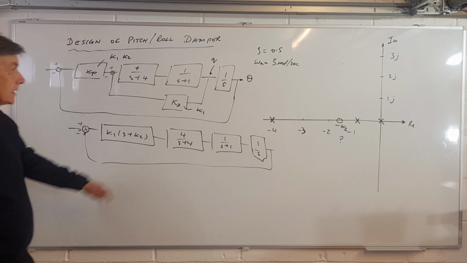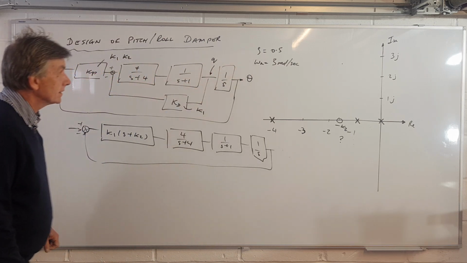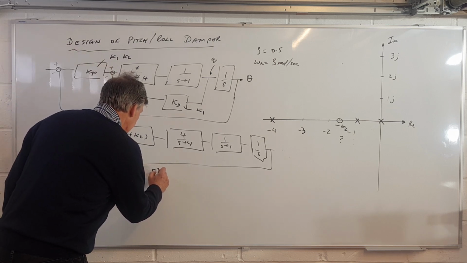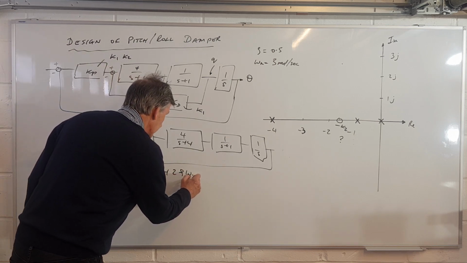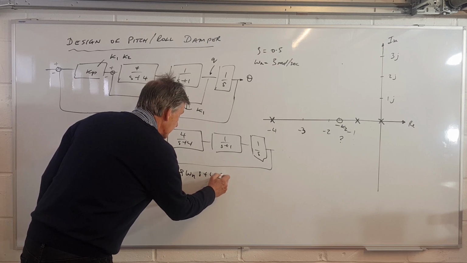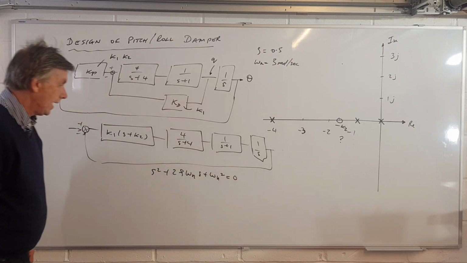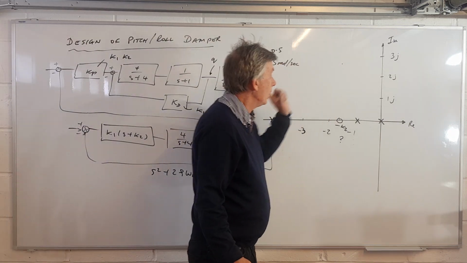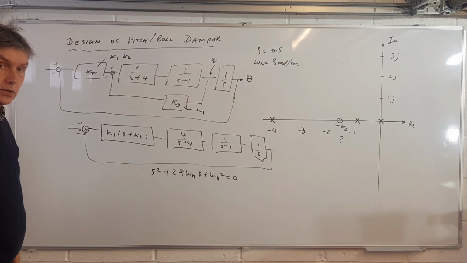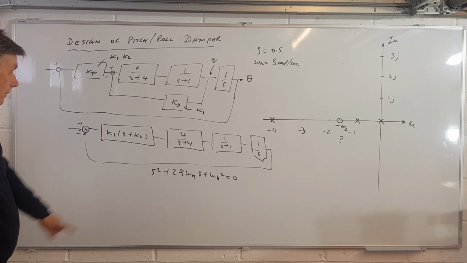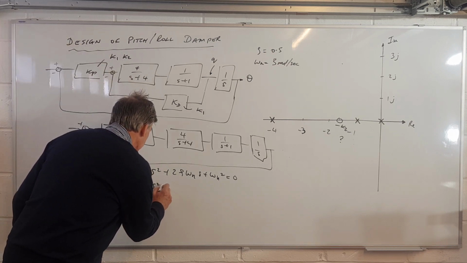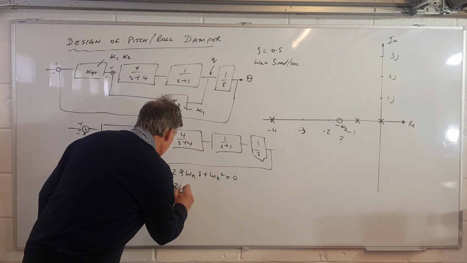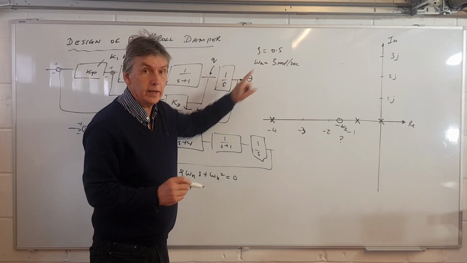Right, so what we're going to do next is take these parameters here, that's the zeta and the omega n, and we're going to stick them into our second order system equation, s squared plus 2 zeta omega n s plus omega n squared equals 0. And from this we can find out the location in the complex plane of the desired second order system response. So s squared is s squared. 2 zeta omega n will be 3 s, and 3 3's 9.